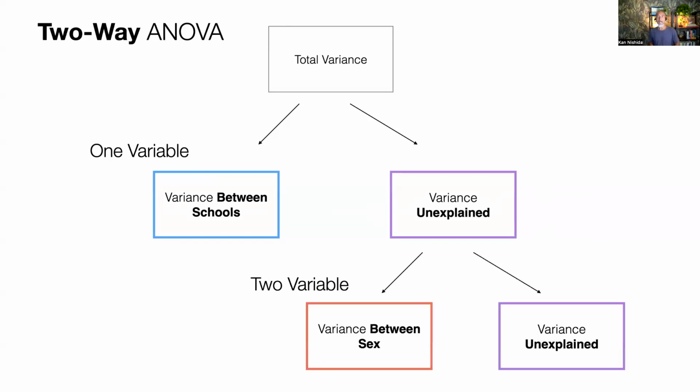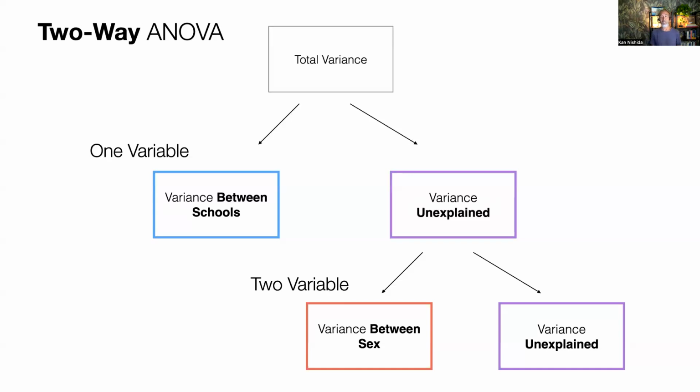And now we can bring in another variable, in this case sex, which is the red square box here. What we are doing is separating the upper part of the variance explained into the variance that can be explained by sex and the variance that cannot be explained.